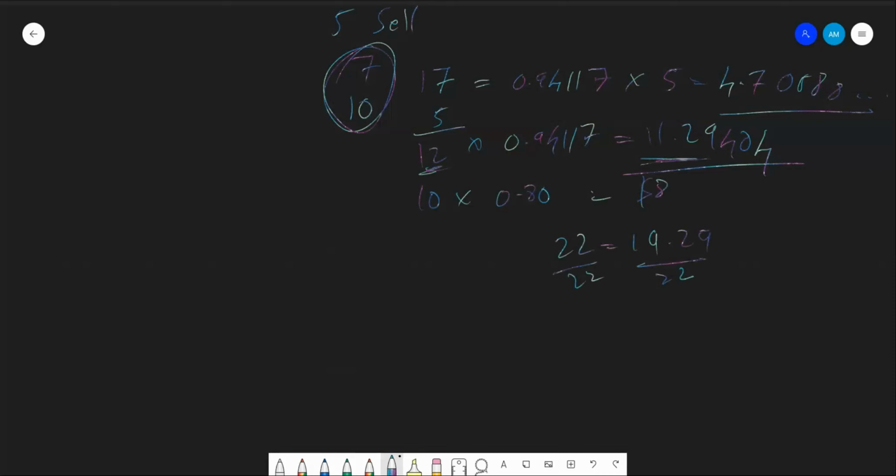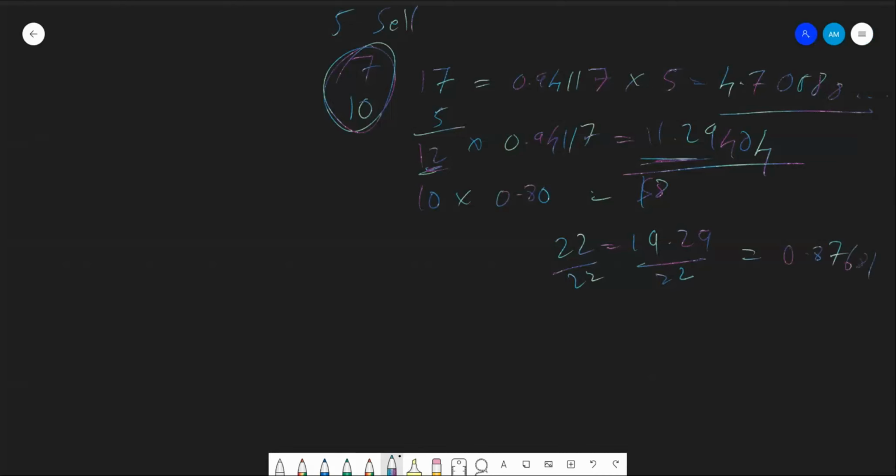How much is a bottle now? 19.29 divided by 22. One bottle now costs us 0.87681. As you can see, the cost is reducing because the actual cost is also reducing.